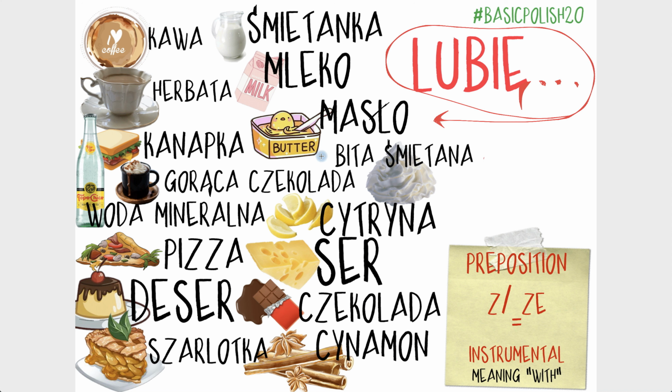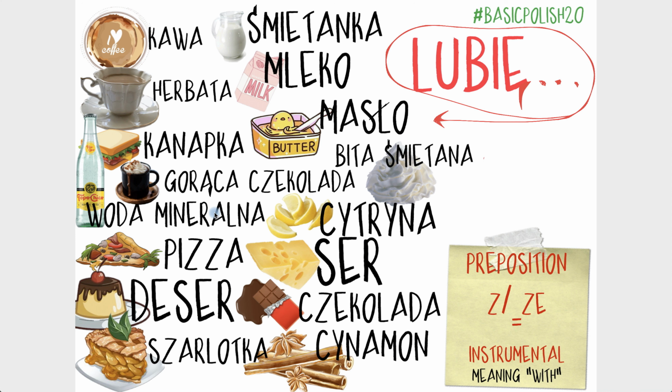So with whipped cream would be z bitą śmietaną. We get the same ending ą for feminine adjectives. So hot chocolate with whipped cream: gorąca czekolada z bitą śmietaną. My mouth is watering here already.